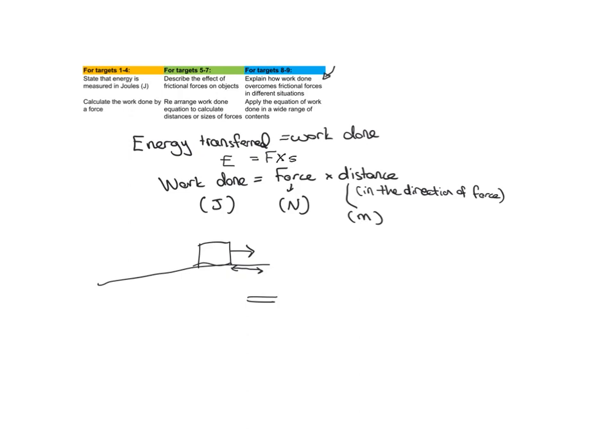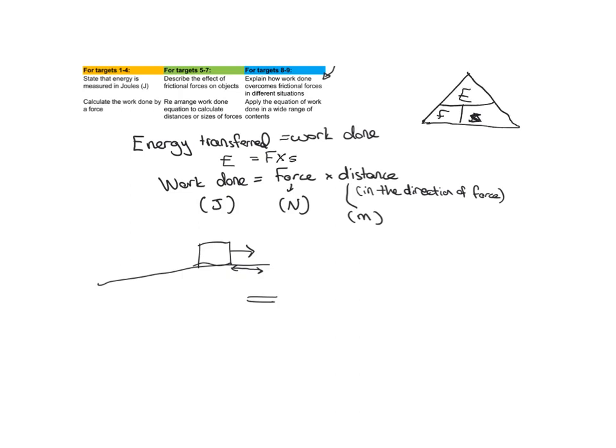So we have the equation written down. I'll also draw the triangle for those of you who feel more comfortable rearranging this type of equation. You have force, distance S, and the energy at the top.